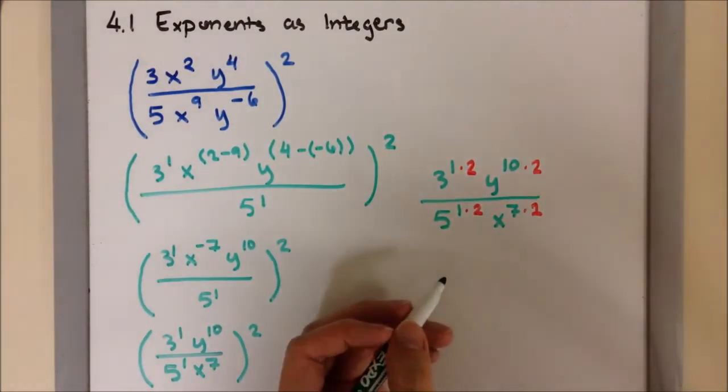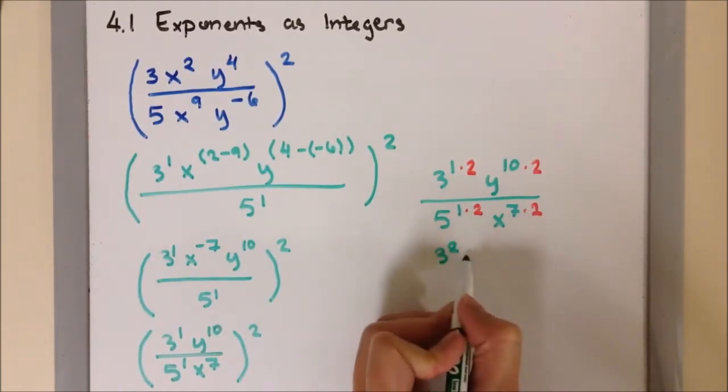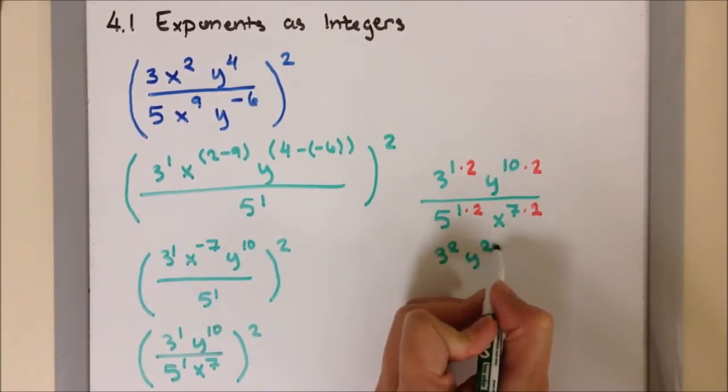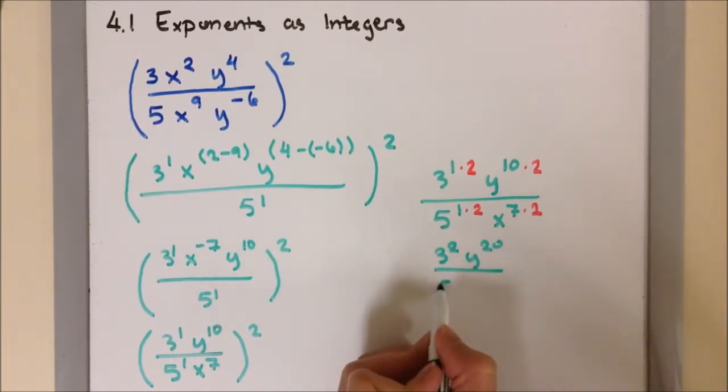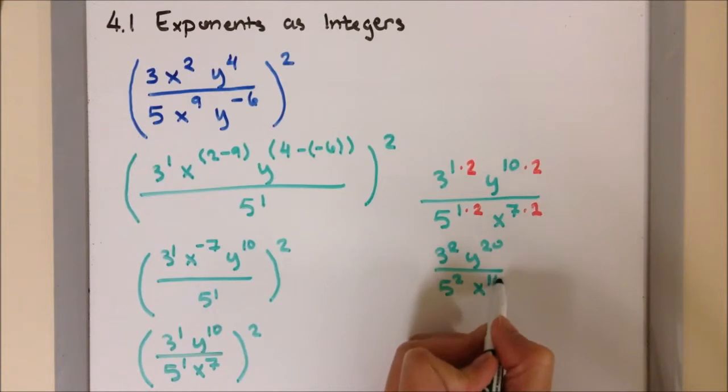So what we're going to have here is 3 squared y to the 20th power over 5 squared x to the 14th power.